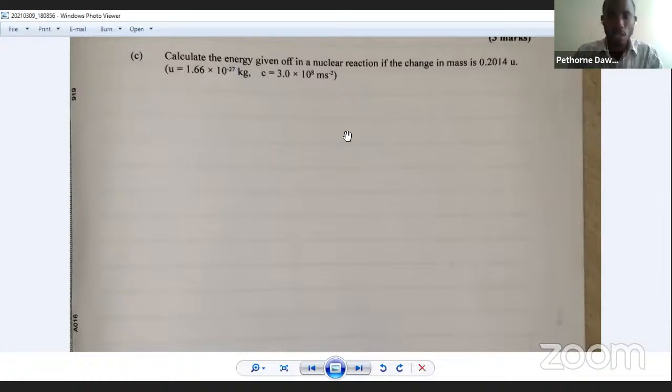So to measure the U value, it is 0.2014 times 1.66 times 10 to the negative 27, and then we get a value of 3.34 times 10 to the negative 28.